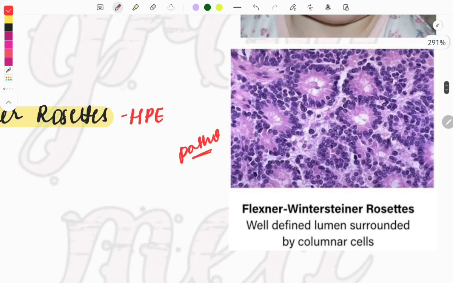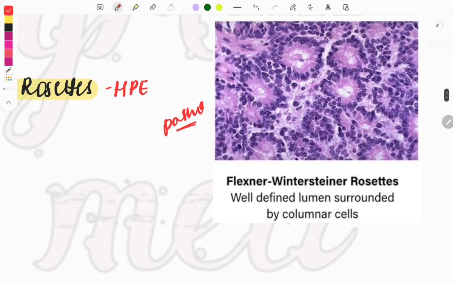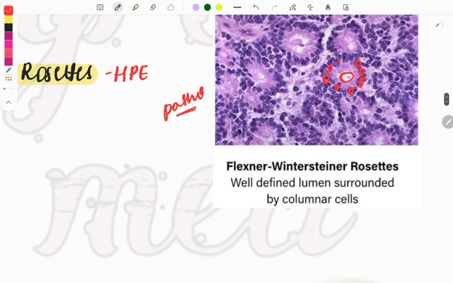See here, these Flexner Wintersteiner rosettes are cells, and in these cells the lumen is well differentiated and well surrounded, like you can see a lumen present here and the cells are surrounded around it. This is the Flexner Wintersteiner rosette, and the other name for this is true rosettes, because the center is empty.